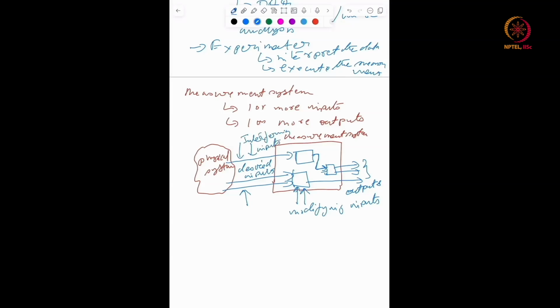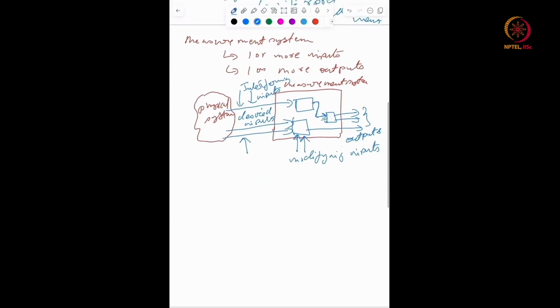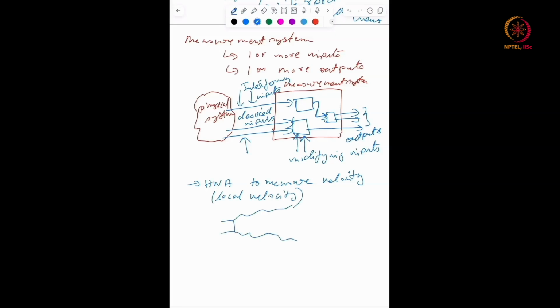interfering inputs. So, for example, if you consider an experiment which uses a velocity transducer, say you are using a hot wire anemometer to measure, we will see what a hot wire anemometer is later in the course, to measure, say, velocity. So this measures once again the local velocity. It is a nozzle from which there is a jet coming out.